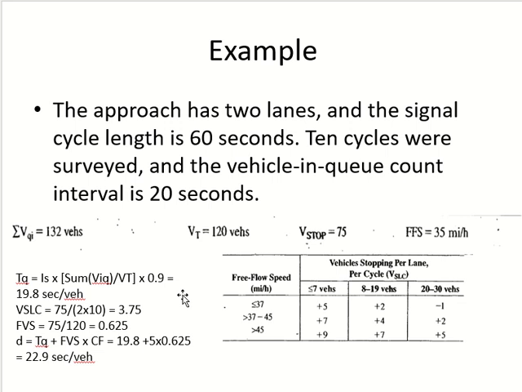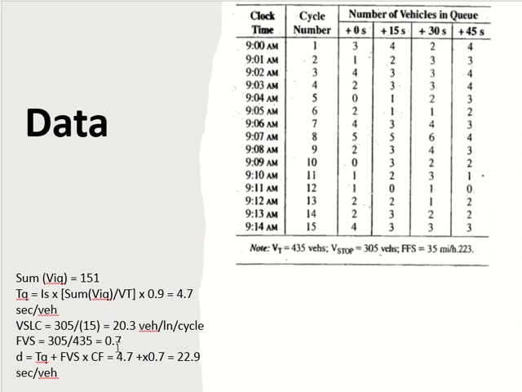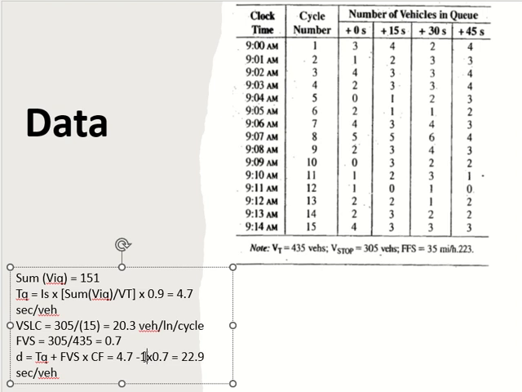So we are here. Okay. So my correction factor is -1. How much is it? 4.